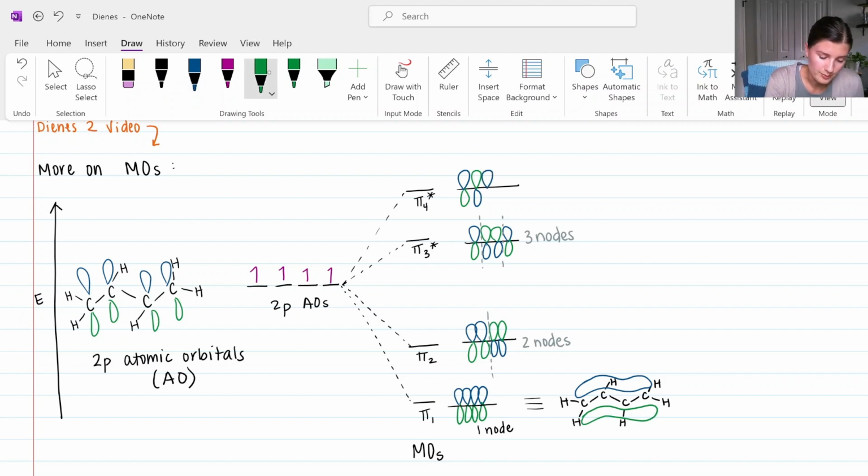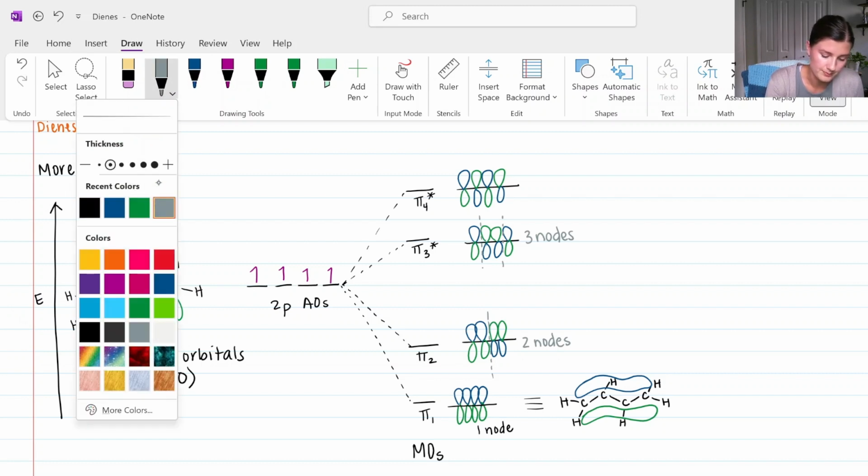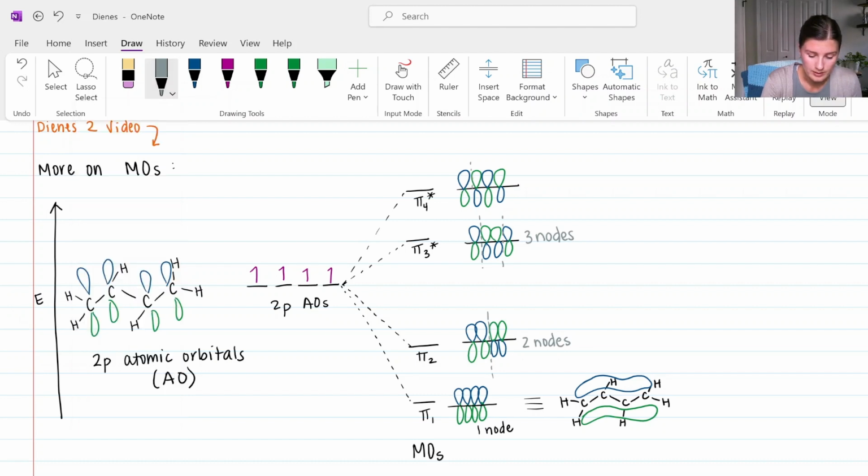P orbital for carbon 3 will be the opposite phase. And p orbital for carbon 4 will be the opposite phase relative to the carbon adjacent to it. So now we have the horizontal node through the center, and then we have 3 additional nodes.